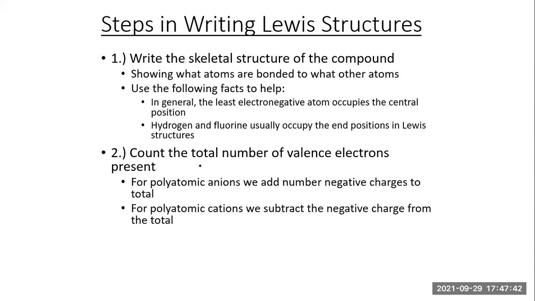You definitely want to follow these steps, and it will lead you to a correct structure. If you do it piecemeal, which is what I sometimes call it, sometimes people want to draw each of the individual elements with their valence electrons and figure out, well, this guy has 5, so he needs to pick up 3 from somebody, and this guy goes over there, and try to figure out where the electrons go.